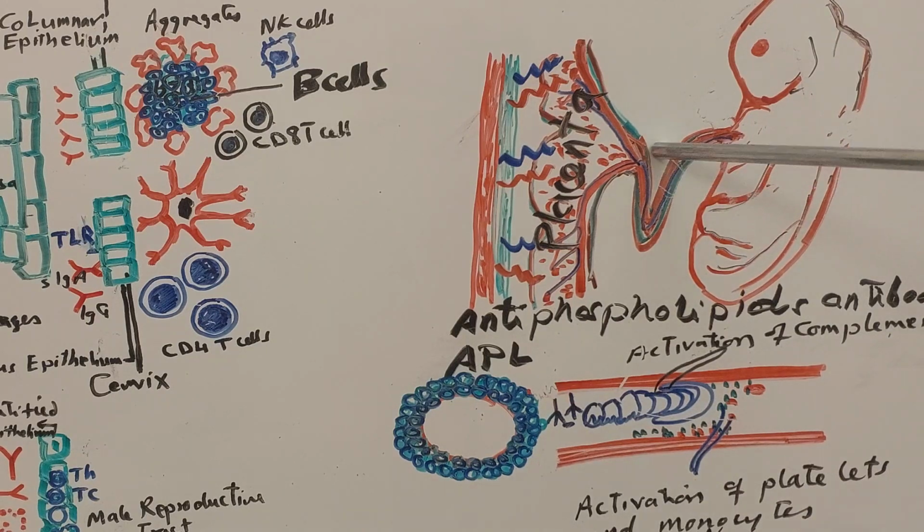So pregnant women with antiphospholipid syndrome may get blood clots here, and this may predispose to miscarriage or recurrent miscarriage, or premature babies, or stillbirth.